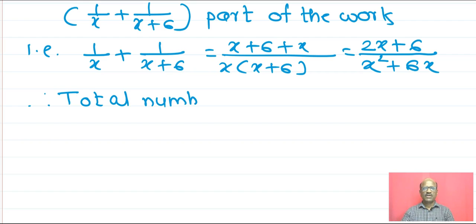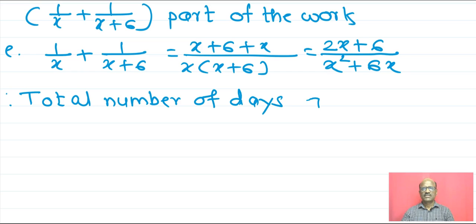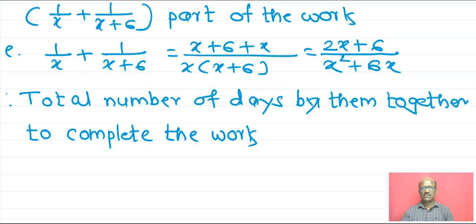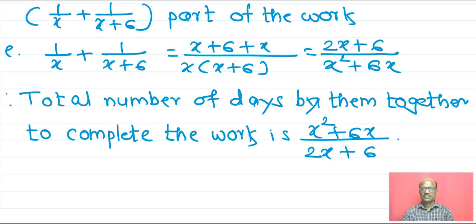The total number of days taken by them together to complete the work is x square plus 6x upon 2x plus 6.